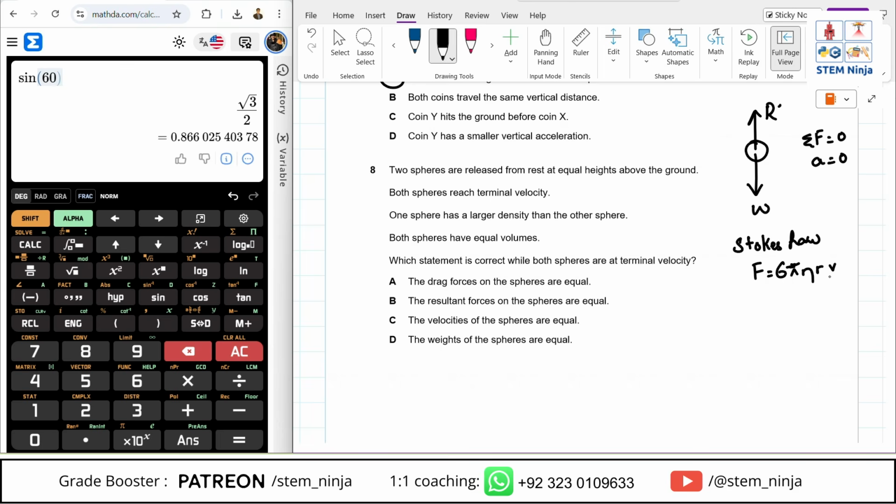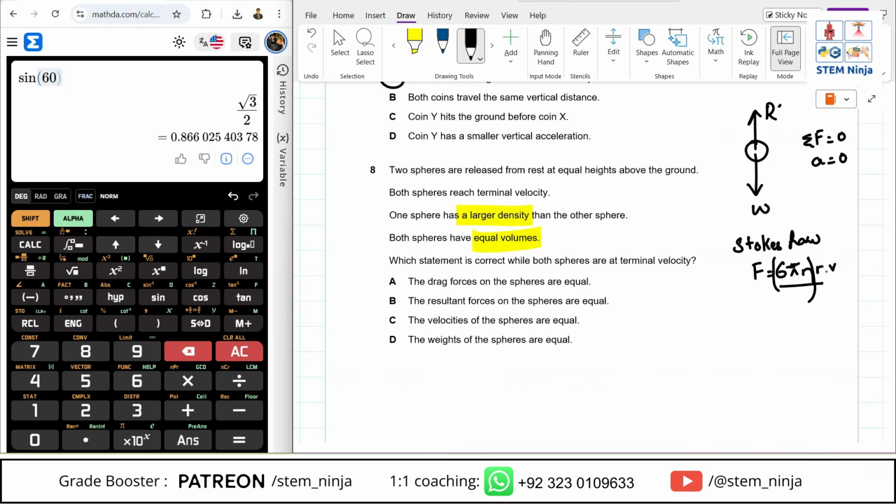So as you can see over here, while everything else is constant, the drag force is directly proportional to radius and velocity. Okay, so this means that when you have one sphere that has a larger density, and since they have equal volumes, one of them will have a smaller radius and the other one will have a larger radius.